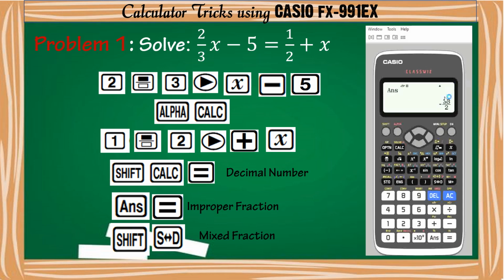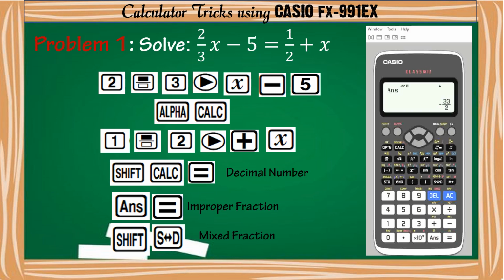Yan. So, there you go. It's the same with our answer earlier, which is negative 33 over 2. If you still want to have it in mixed fraction, simply press Shift and SD above the delete button, and you will get negative 16 and 1/2.